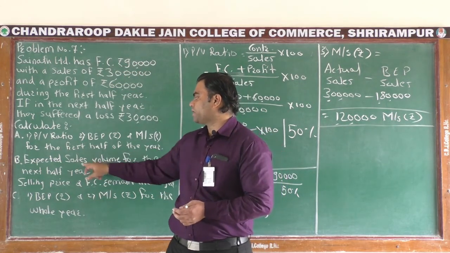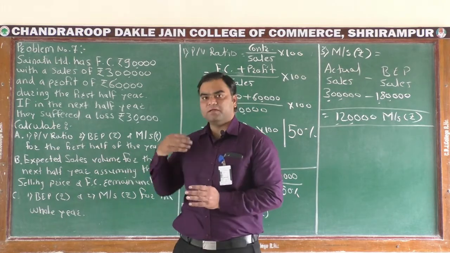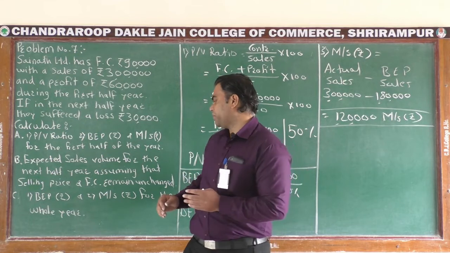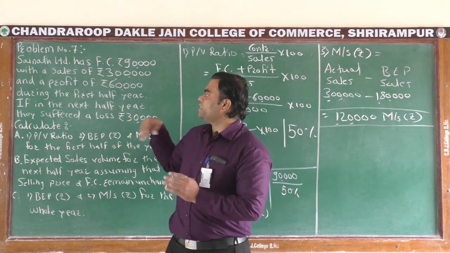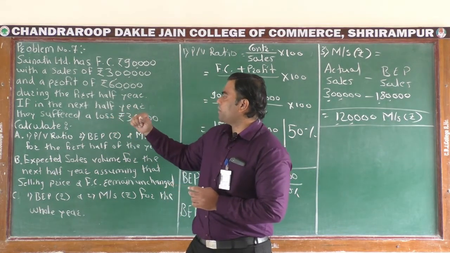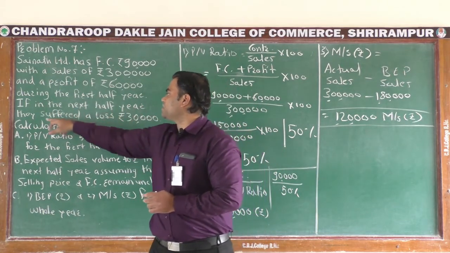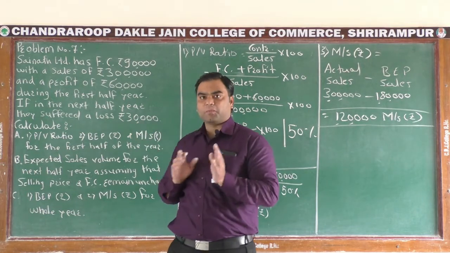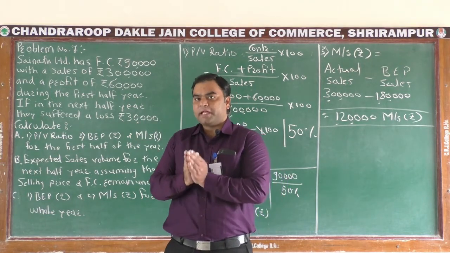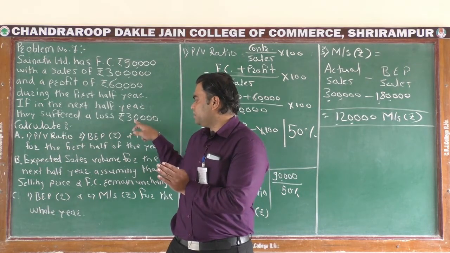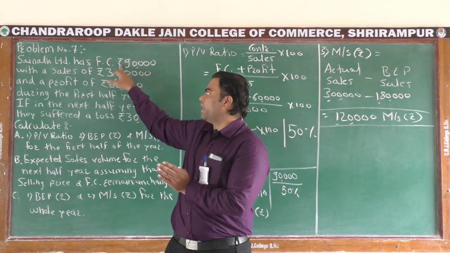So we are asked to calculate sales volume of the next half year. But what is the data given in second half year? If in the next half year they suffer a loss, there is a loss of rupees 30,000. Means what is the data available for second half? Loss 30,000 and fixed cost 90,000.